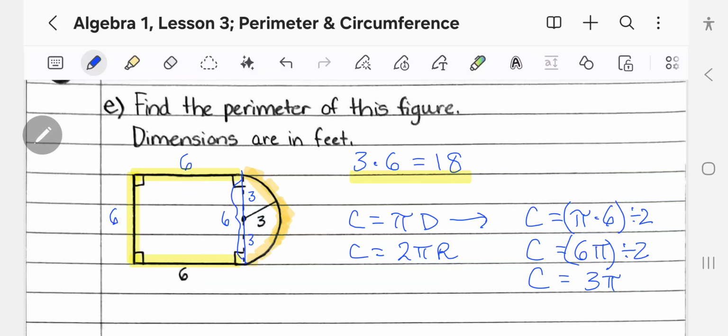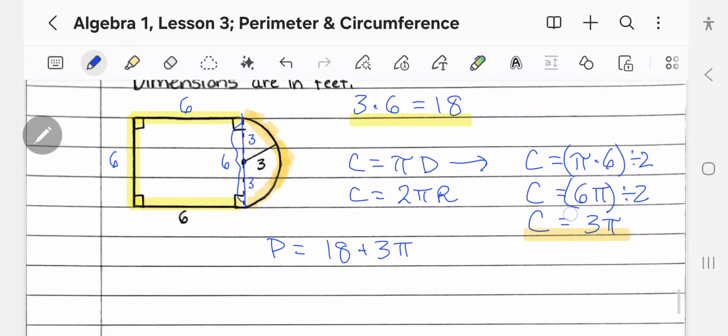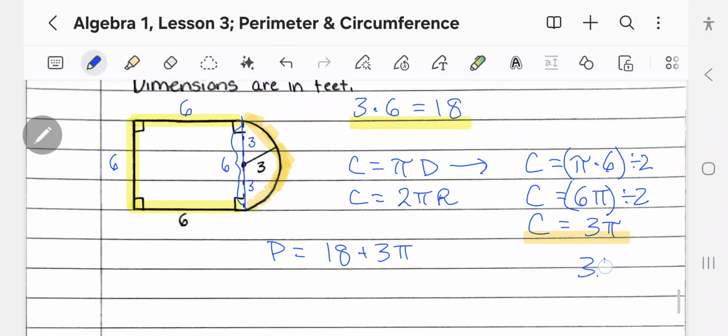So if this is my orange part, the total would be 18 plus 3 pi if you leave it in terms of pi. Or you could work that out and say, well, I know what 3 pi is. 3 pi is going to be 3.14 times 3, and we can work that out.